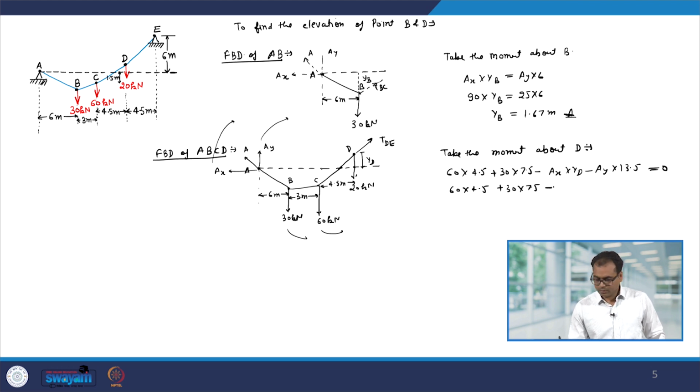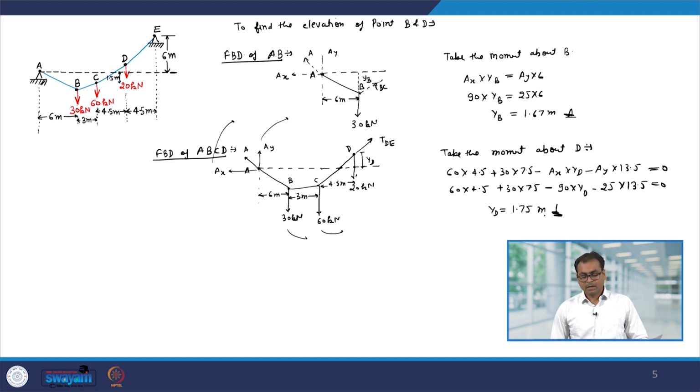Ax was 90 into Yd minus Ay was 25 equal to 0, and this will give you Yd equal to 1.75 meter.